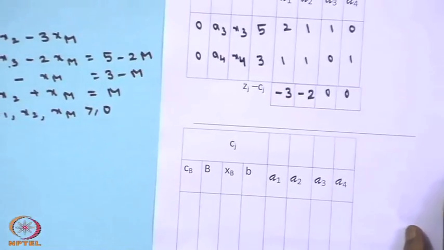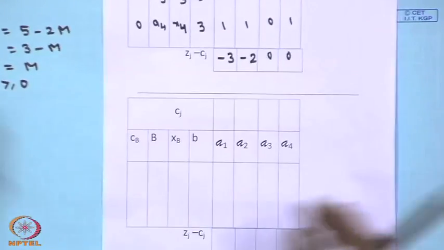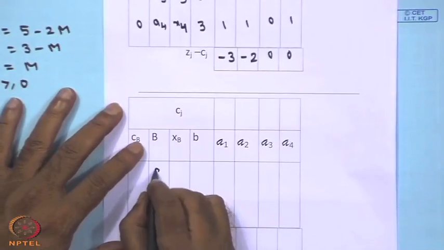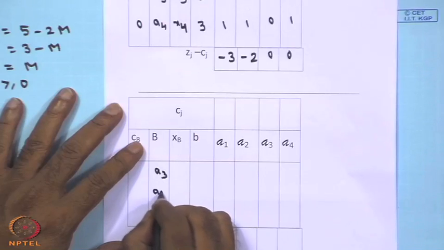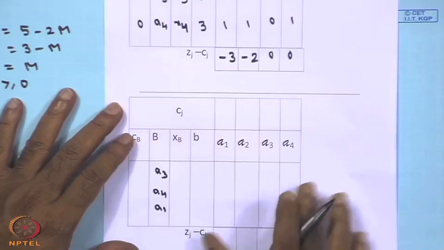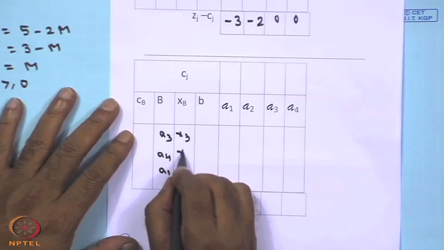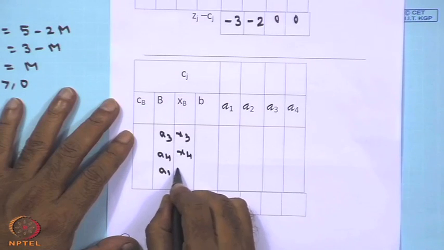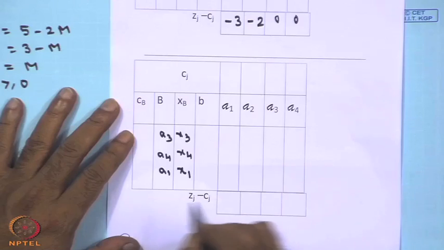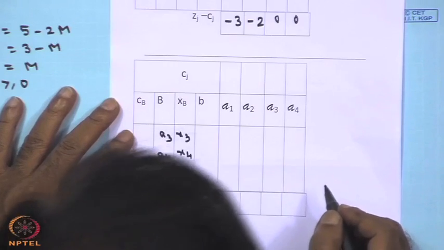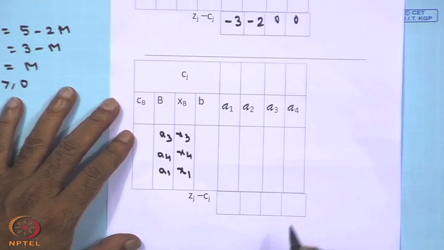So, if I rewrite it, your B will be A3, A4 and A1, whereas it is x3, x4 and x1. Actually, I have made a mistake.